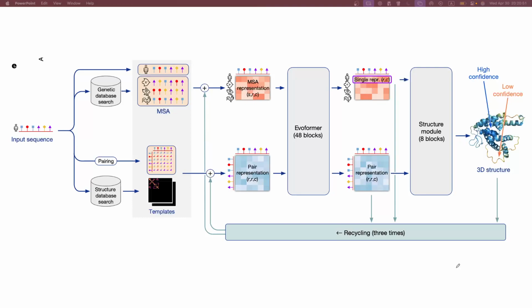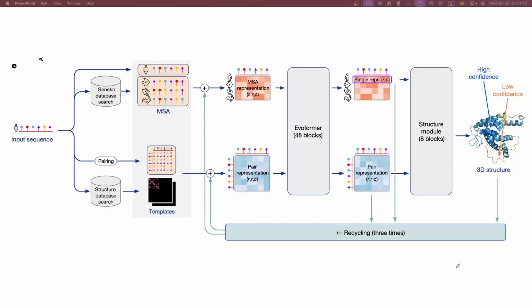This structure module, now it says it, right? It's what folds the protein. So the structure module folds the protein 8 times, and then you'll feed it back 3 times here again. The reason it recycles 3 times is because there are parts of the protein that have low confidence.